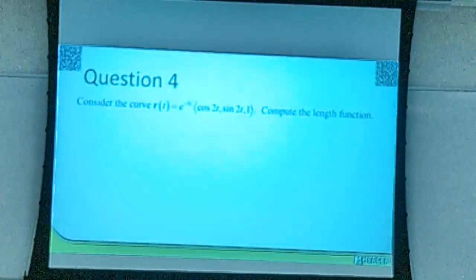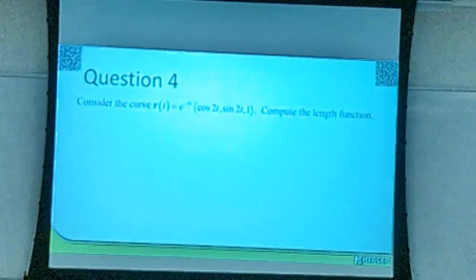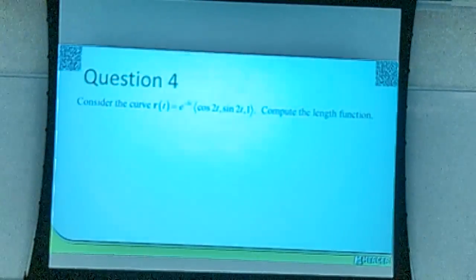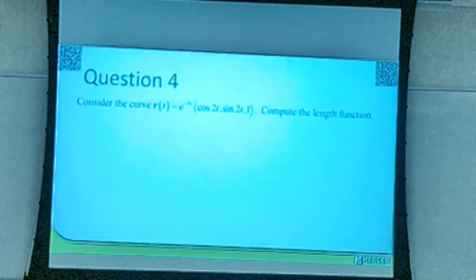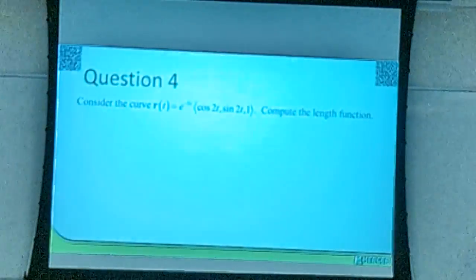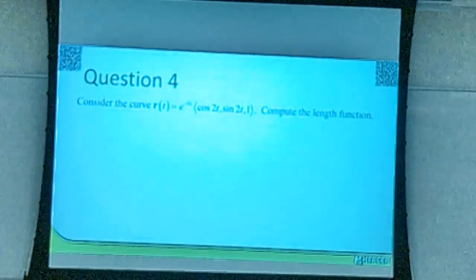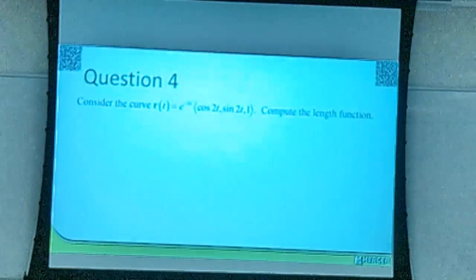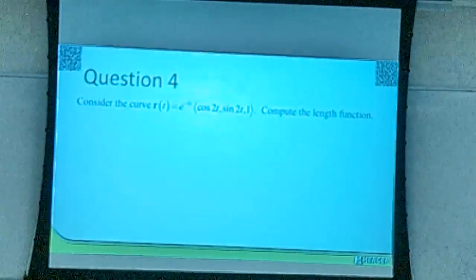And so consider that curve. We want to compute the length function. Notice that it's not giving us a starting point. We're going to assume t equals 0 as a starting point.